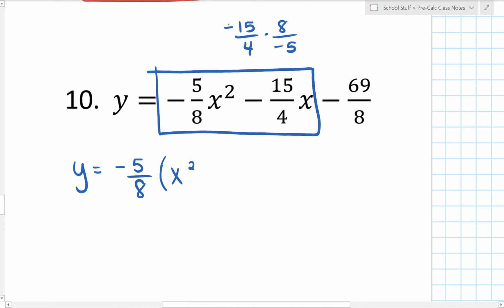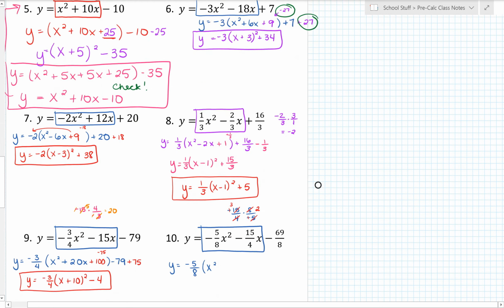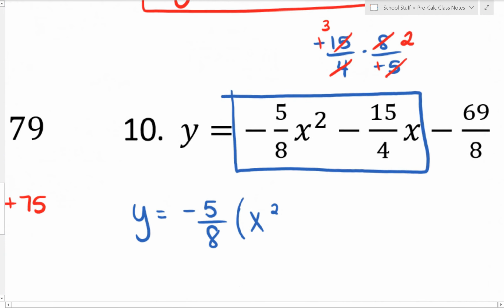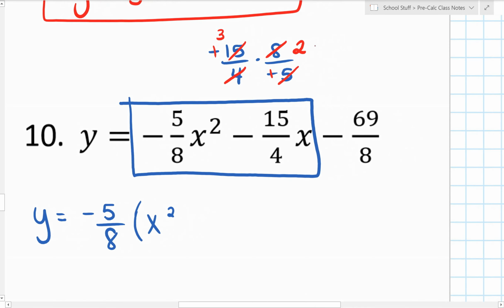And first and foremost, a negative times a negative is a positive. 4 goes into 8 twice. 5 goes into 15 3 times. And 3 times 2 is 6. So that means the number that I'm going to put here is plus a 6x.